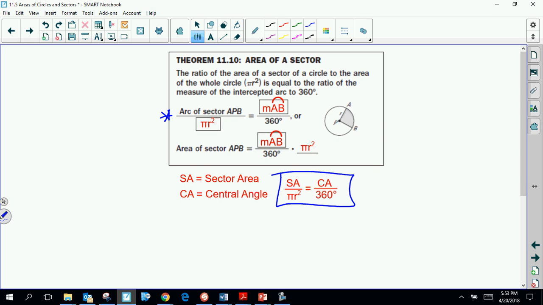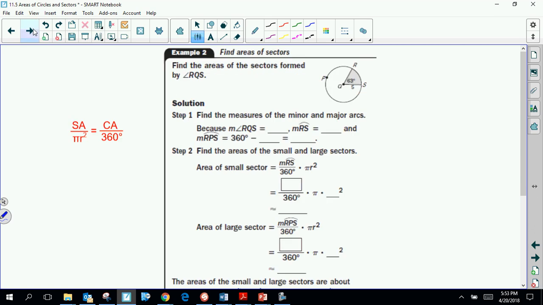I can find the area of a sector, I can find the area of a circle, I could find the central angle, or I could even find the radius. So the proportion is going to be my modus operandi whenever I'm having to find the area of a sector, or the area of a circle if I'm given the area of a sector.